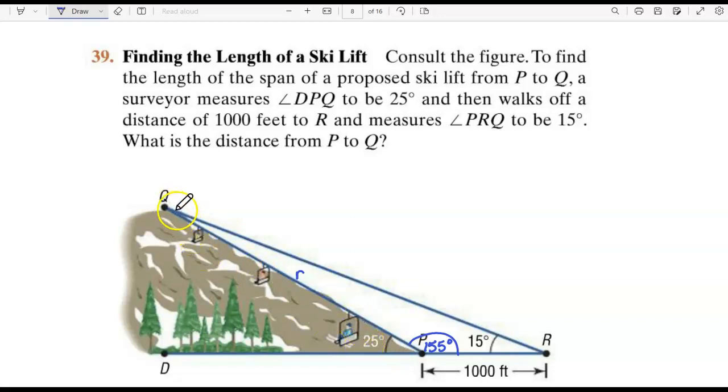So now I've got this not a right triangle. I have a triangle here, and I know two of the angles. I know this one's 155 and this one's 15. So this one is going to be 180 minus 155 minus 15, which is 10 degrees. So let's figure out how we can set this up. We could say sine of 10 over 1,000 is equal to sine of 15 over r.